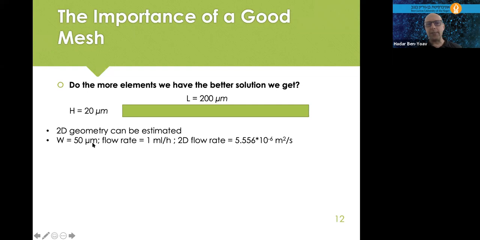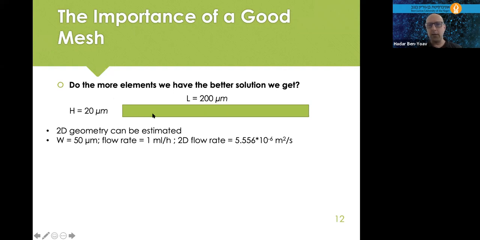And we can expect, using calculations for the flow rate, that the 2D flow rate will be 5.556 10 to the minus 6 meters squared per second. So we look at the flow rate.